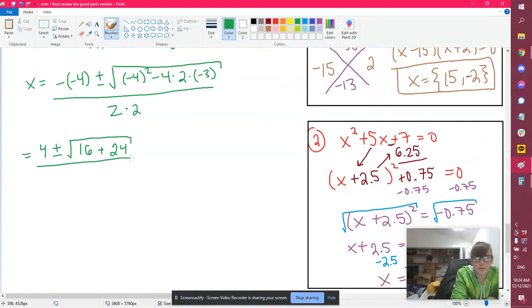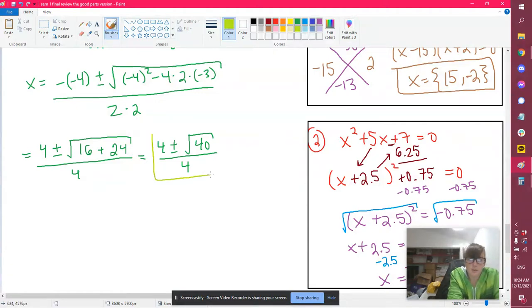That's how I'm going to simplify that. 2 times 2 is 4. 16 plus 24 is 40, pretty sure. Divided by 4. At this point, you would get most of your credit if you boxed this.